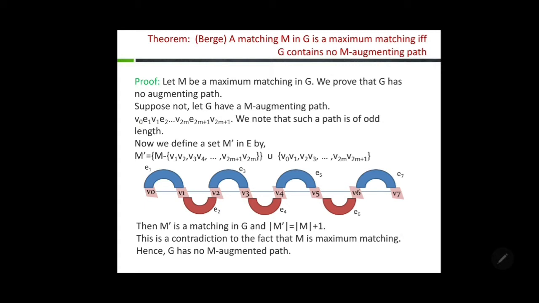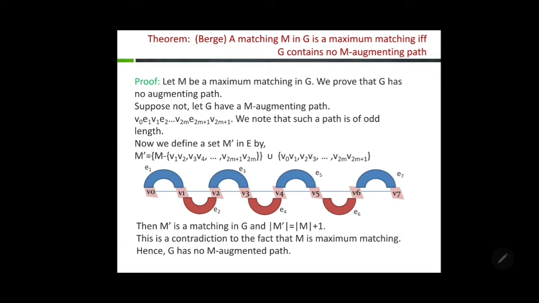Now we can easily see that the cardinality of M', which is represented in blue color, is equal to the cardinality of M, the matching M represented in brown color, plus 1.